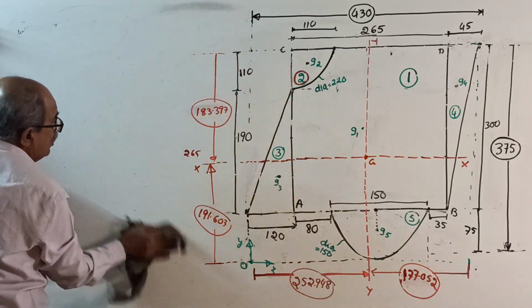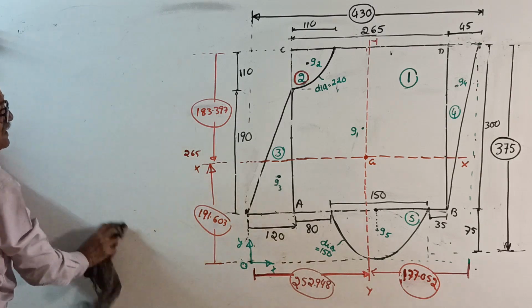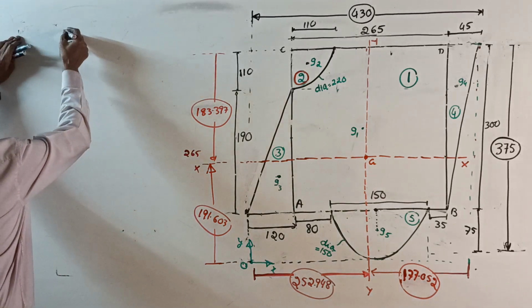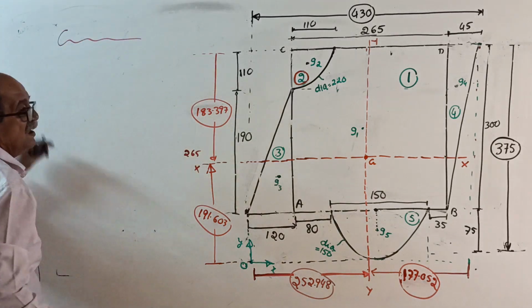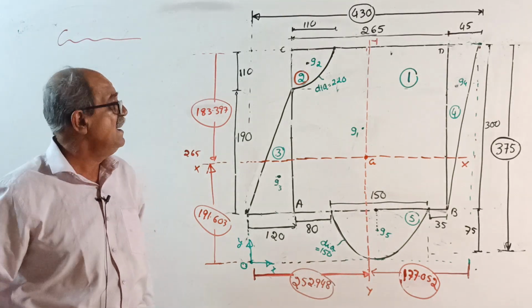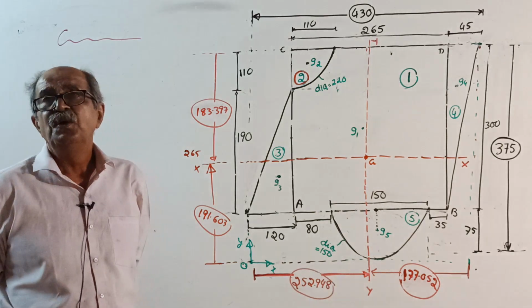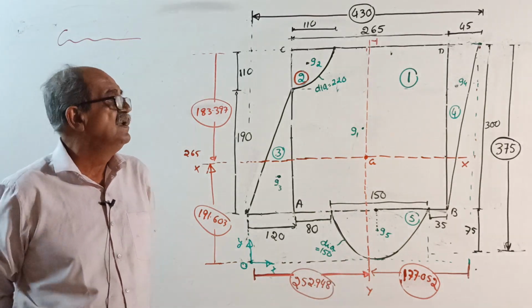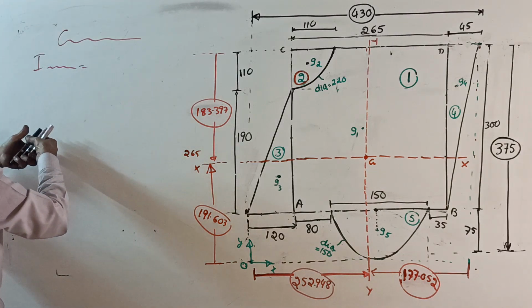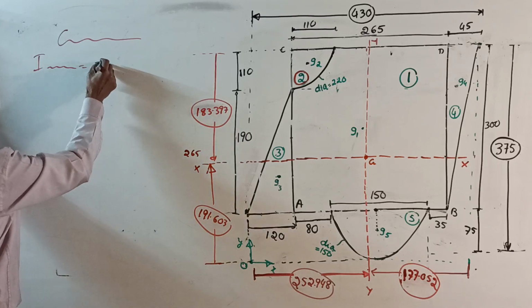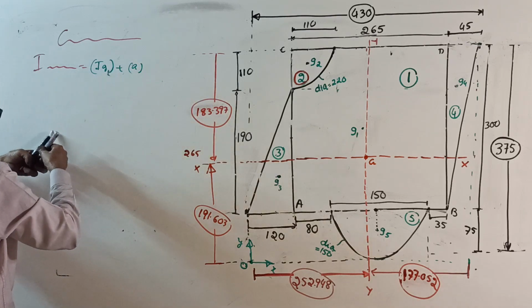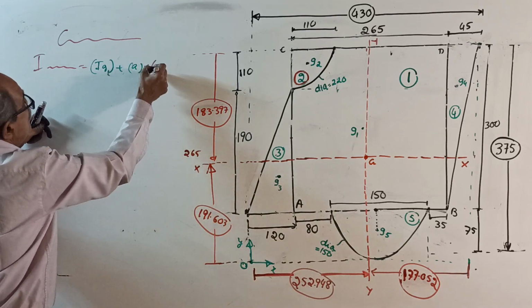Okay, now what all I dictate, you should write, otherwise you are losing. See, calculation of moment of inertia. I about xx, you should write it, and I about yy. By parallel axis theorem, write I about any axis equal to Ig plus area into h square.